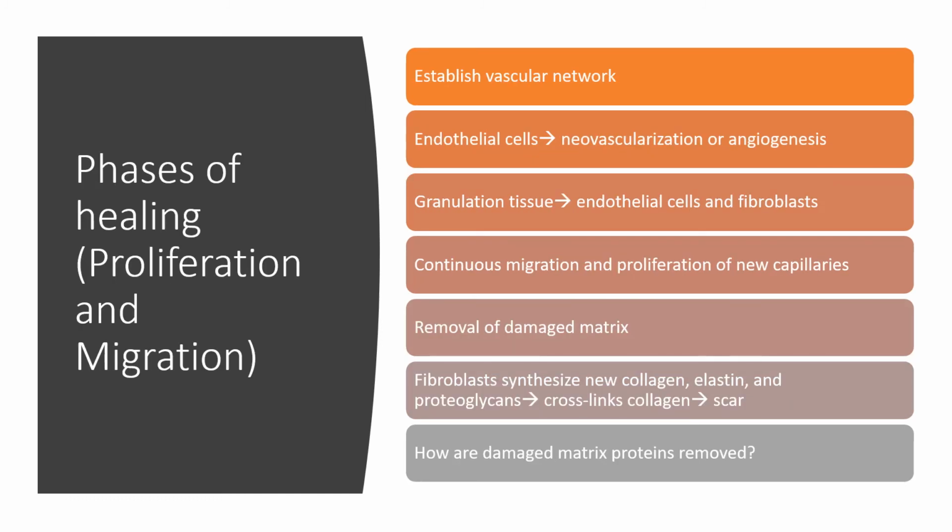Now let's move into proliferation and migration. Within 2 days after a skin wound or injury occurs, the endothelial cells from the viable blood vessels near the edge of the necrotic tissue begin to proliferate. Within the vascular network, there's oxygen and other types of nutrient transport that help support the metabolism of the healing tissues.